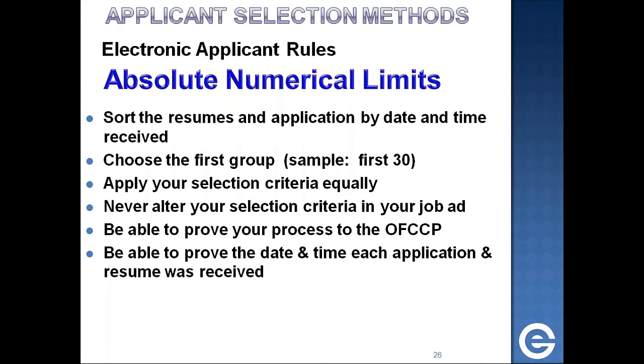When we talked about screening large amounts of applicants, you can use what's called the absolute numerical limit. So let's say that you do a resume search, or you post a job with Indeed, Monster, Career Builder, Ladders, one of those, and you receive a lot of applicants, maybe 1,000, depending upon the corporation.